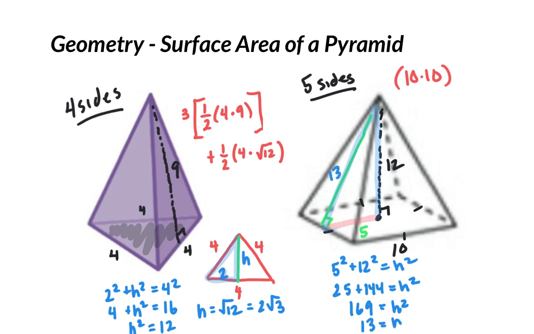So now I've got, remember we got to go back to the whole base, a base of 10 and a height of 13. So I could add up one triangle here, 1/2 the base times the height, and then just remember I have 4 of those. I use brackets here, but it's just the same as parentheses.